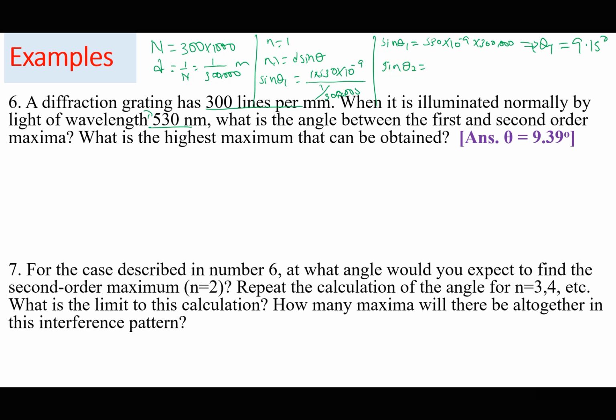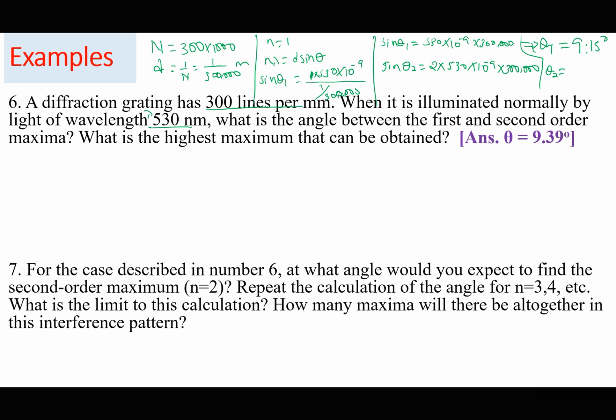Then for theta 2, the sine of theta 2, I'll just replace where there is n equals 1 with n equals 2. So it will be 2 times 530 times 10 to the power of minus 9, then times 300,000. Which implies that theta 2 equals, I'll just say 530 exponent minus 9 times 2 times 300,000.